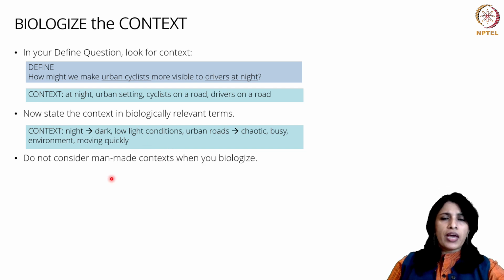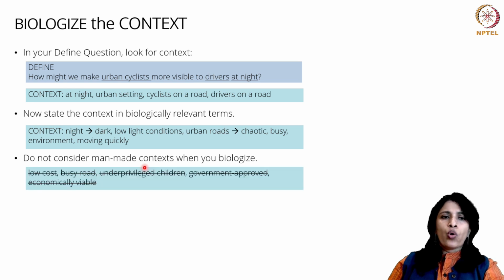One important tip again to remember here is don't consider man-made contexts when you biologize. This is very, very important when you are trying to biologize your question, because we get students all the time who bring in man-made contexts into their biologized questions, like low cost, busy road, underprivileged children, government approved policies, etc. Now these are things that are all man-made, and they cannot be part of your biologized question because they do not make any sense in the natural world.